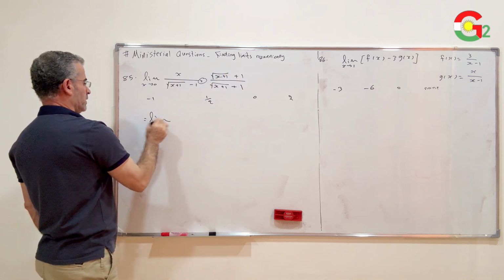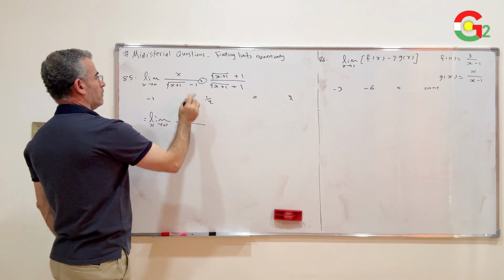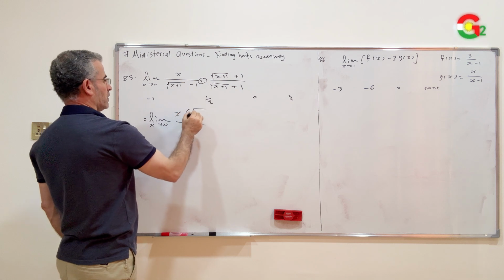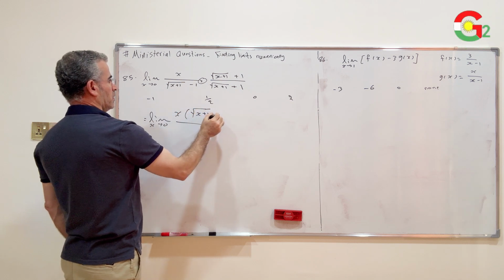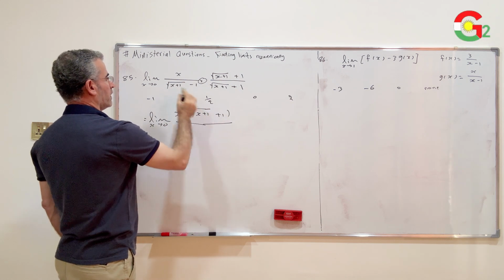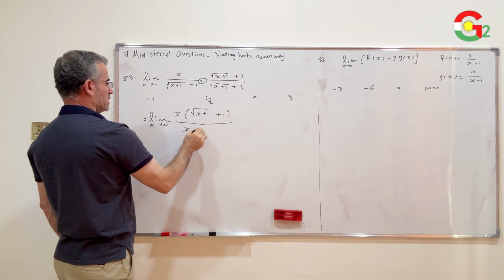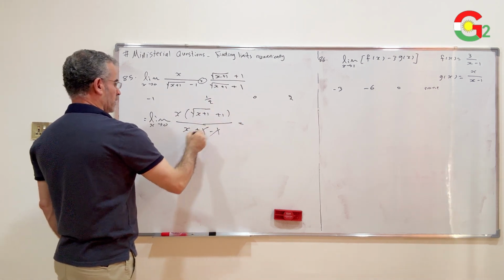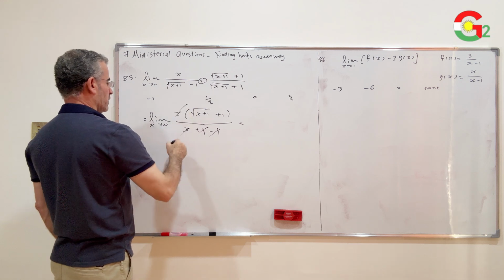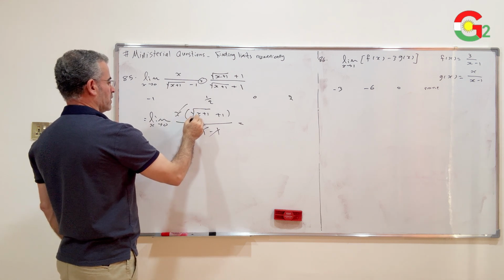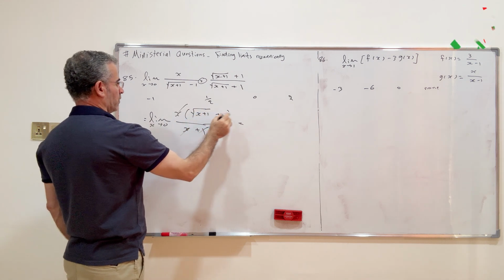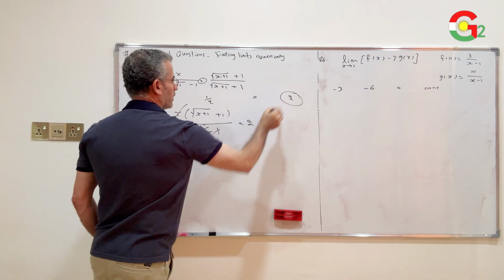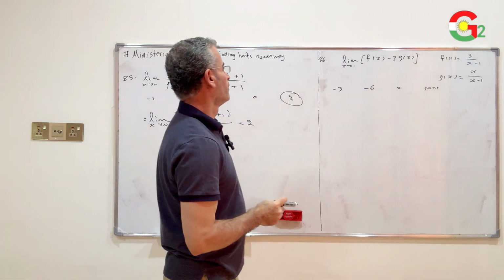Then limit x approaches 0 of x times square root of x plus 1 plus 1 over square root times square root of x plus 1, negative 1 times negative 1 is negative 1. Negative 1 with positive 1, x with x, substitute every x with 0, square root of 1 plus 1 is 2. The right choice is D.